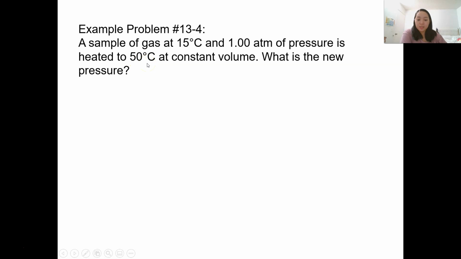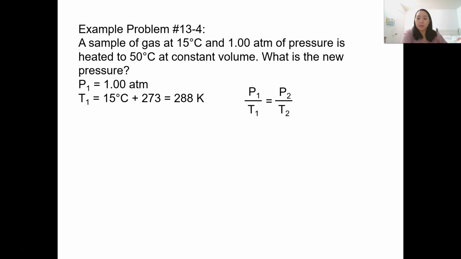So like always, let's identify what it is that we have. I want to use Gay-Lussac's law, and these are the four different variables in his law. Let's first identify, do we have P1? Indeed, we do. P1 is 1 atm. That's what we start with. T1 is what we start with, temperature-wise, and that's 15.